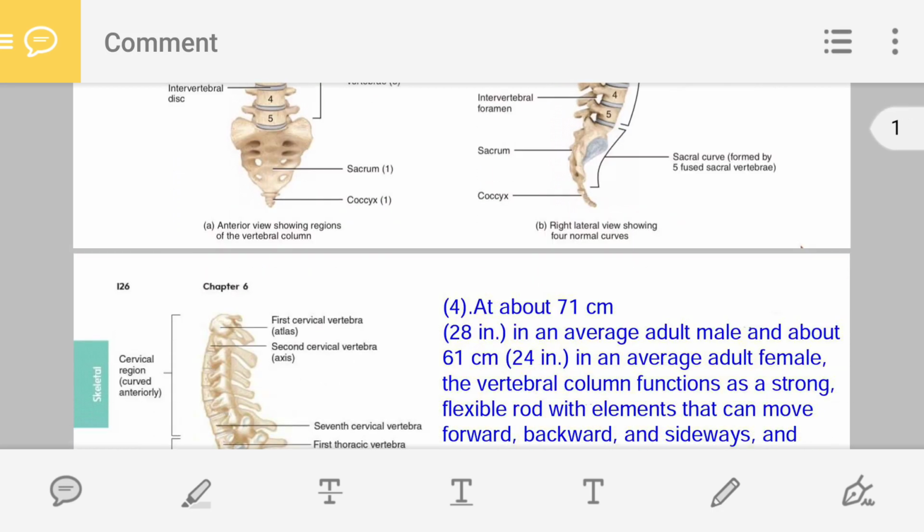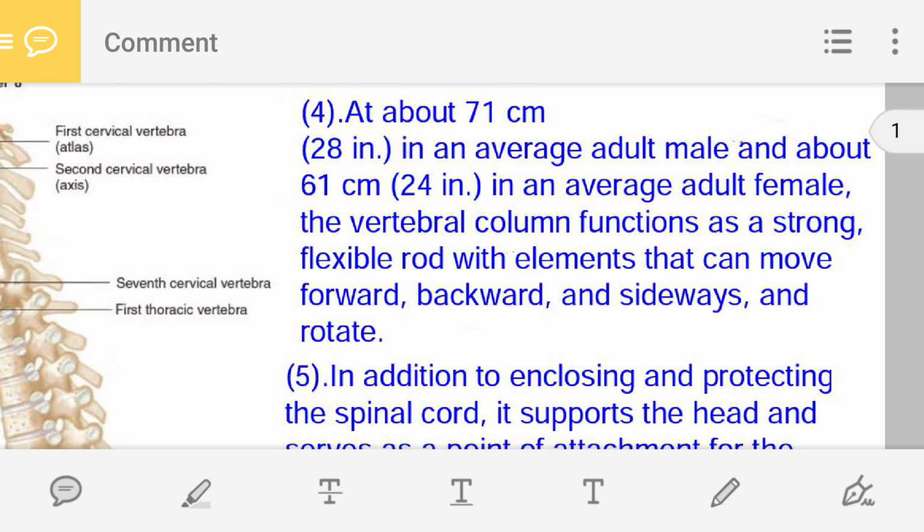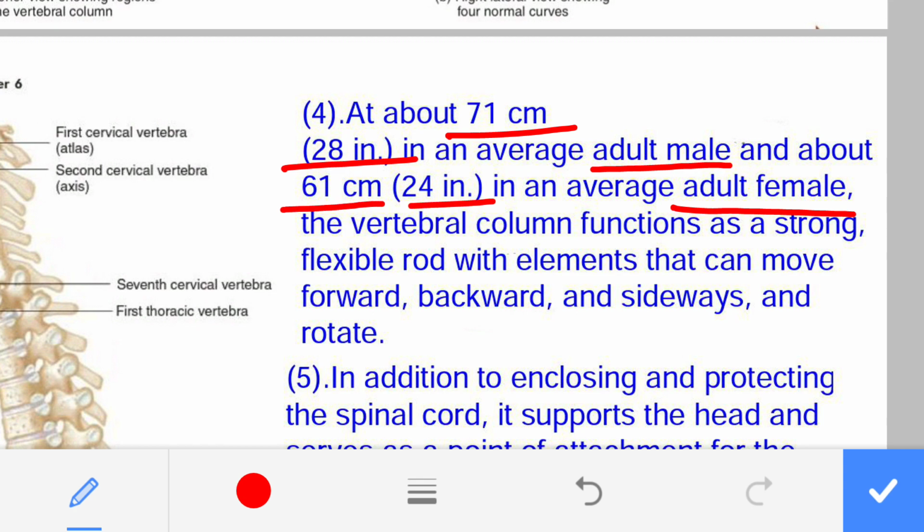Now the fourth point, the length or height of the vertebral column. In an adult male, the length of the vertebral column is 71 centimeters, that is 28 inches. In an adult female the length is 61 centimeters, that is 24 inches.